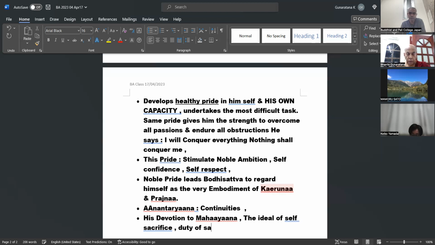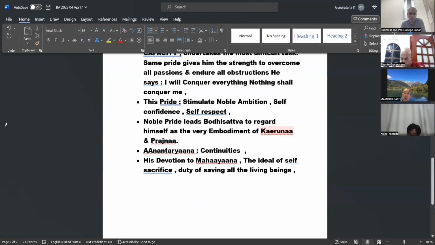Duty of saving all the living beings. Pursuit of true knowledge. Perfect prajna.